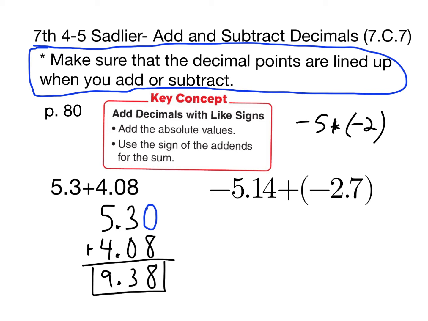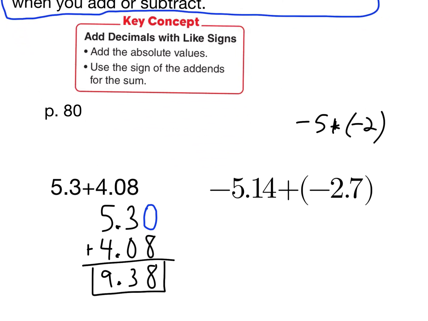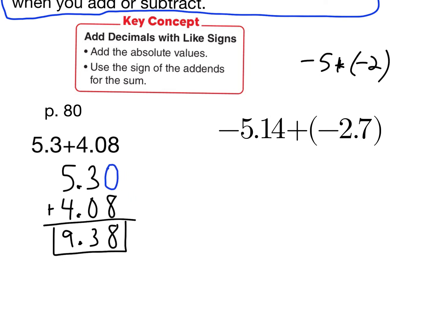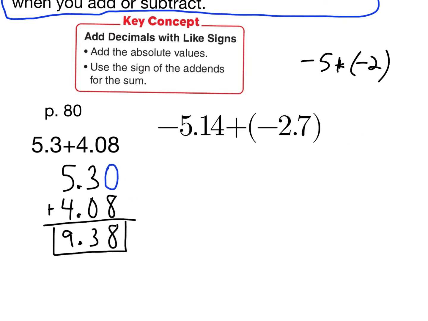So if I'm adding these, you can use absolute values if you want, like the book says, but the other thing is you could just say, I'm going to add these numbers and I'm going to keep their sign. So I'm going to add these two numbers together, and then I just know that my answer has to be negative because I'm adding a bunch of negatives together.